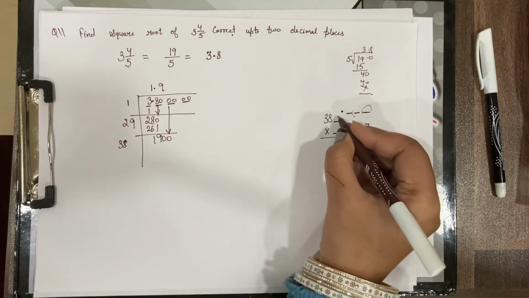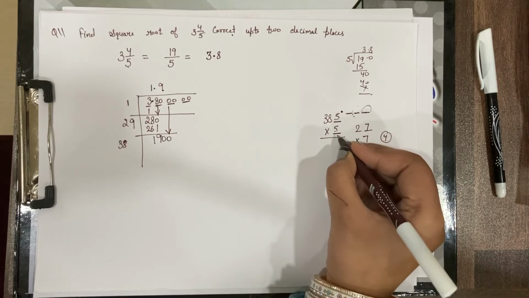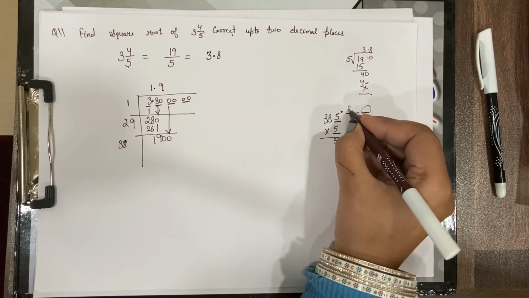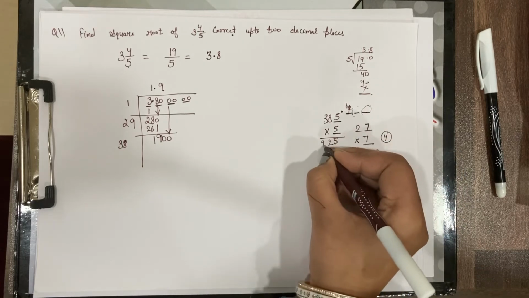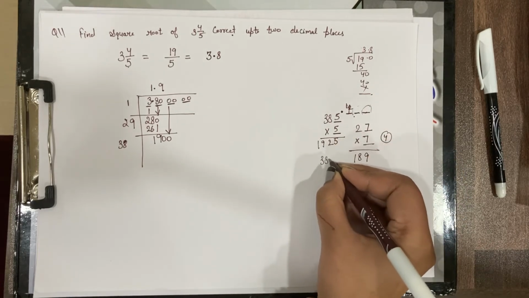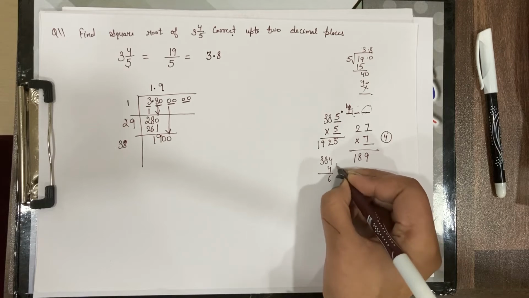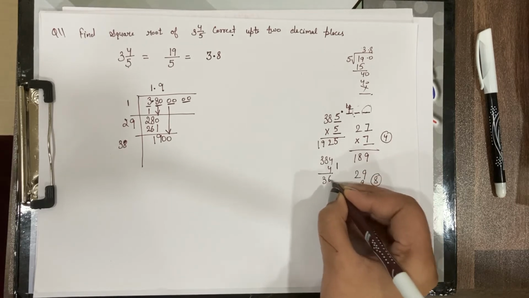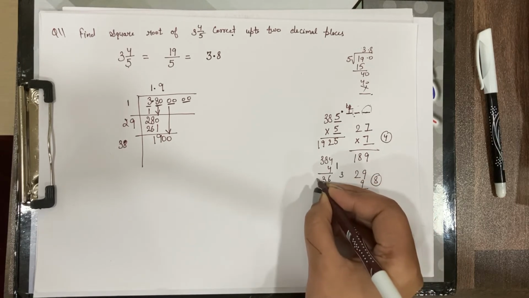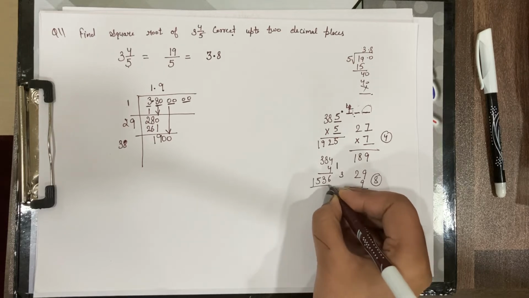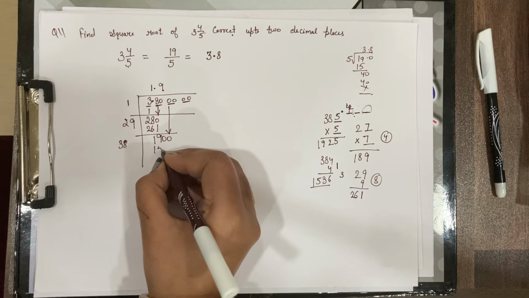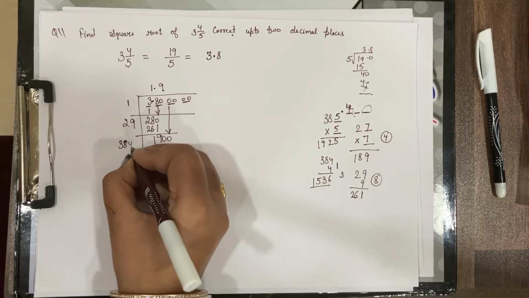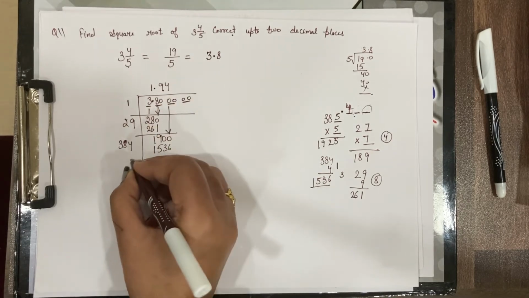Let us try with 5. It is bigger than this, so 384. 1536. When I write 4 here and 4 here, subtract it.